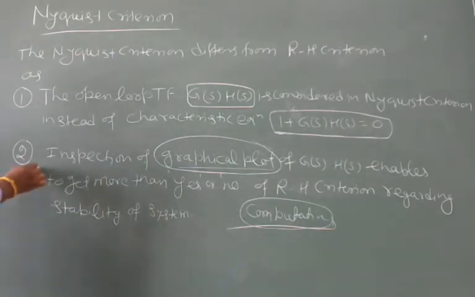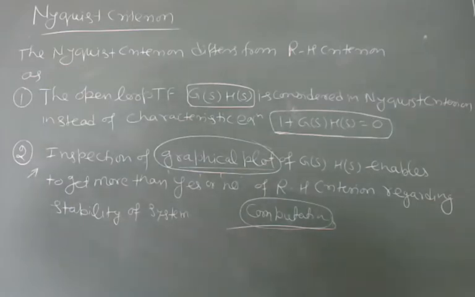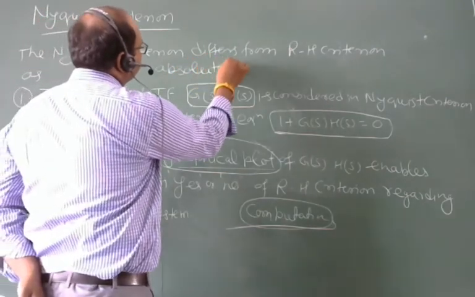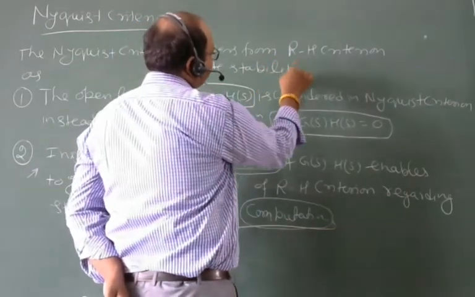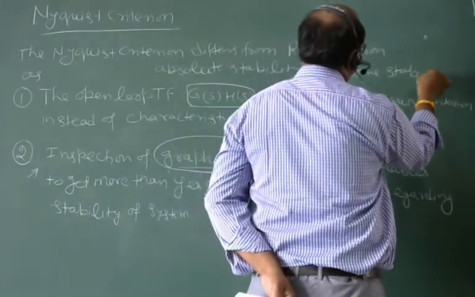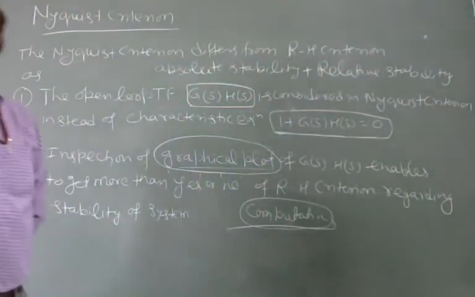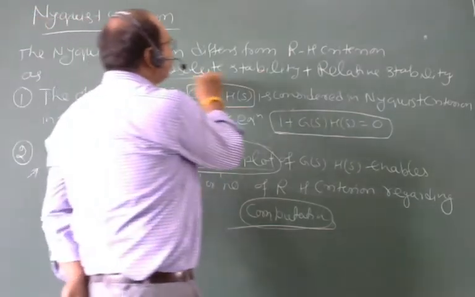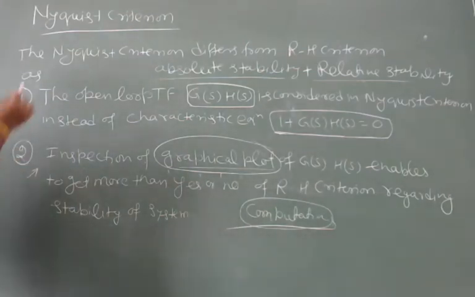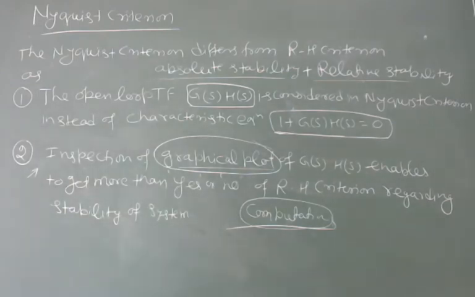This point also says that the Nyquist criteria gives absolute stability as well as relative stability, whereas this RH criteria gives absolute stability and, in some conditions, it gives the relative stability.